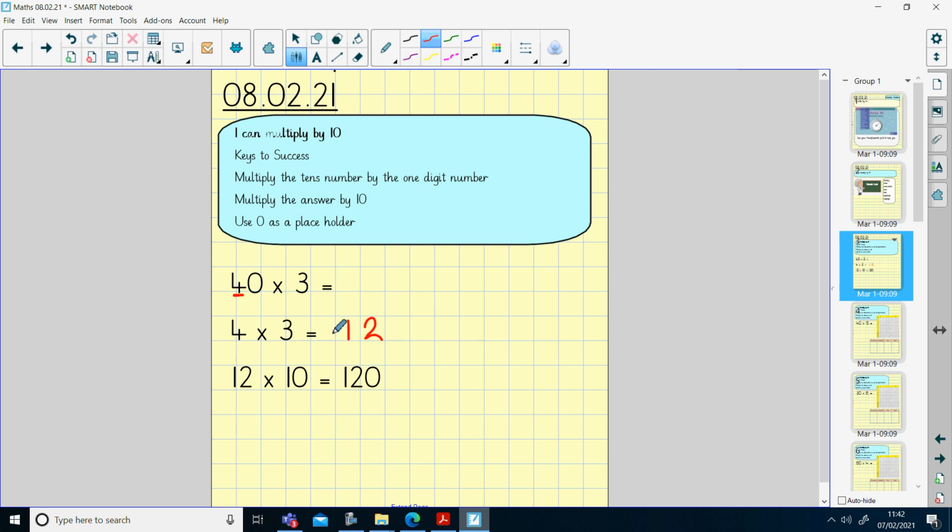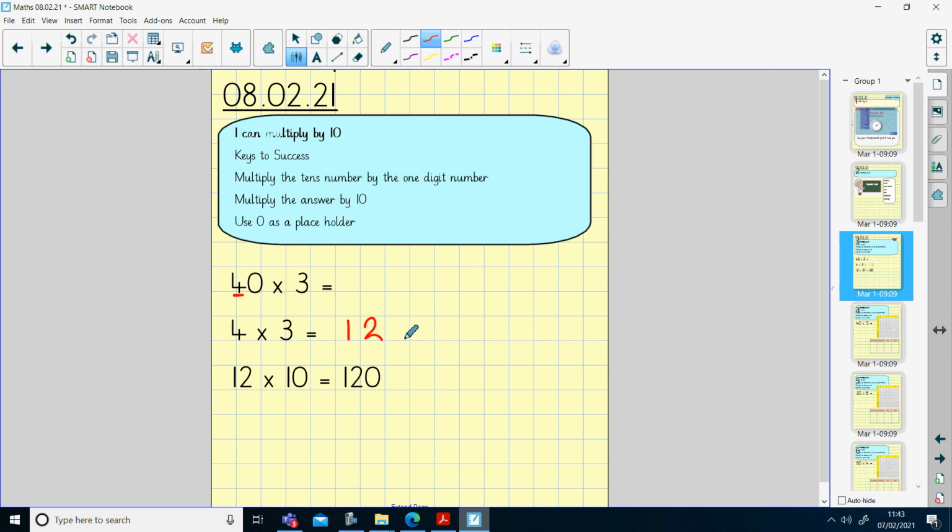Then I'm going to take this answer and I'm going to make it 10 times bigger, because 40 is 10 times bigger than 4. We've multiplied by 10 before, and we know that when we multiply by 10, we move each digit 1 place to the left.